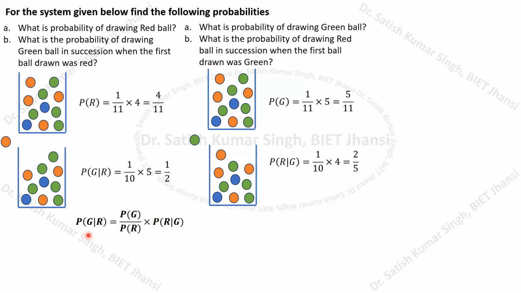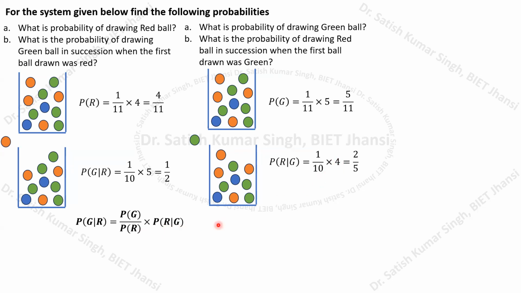That is PG by PR multiplied with the probability of getting the red ball for a given green ball, right?